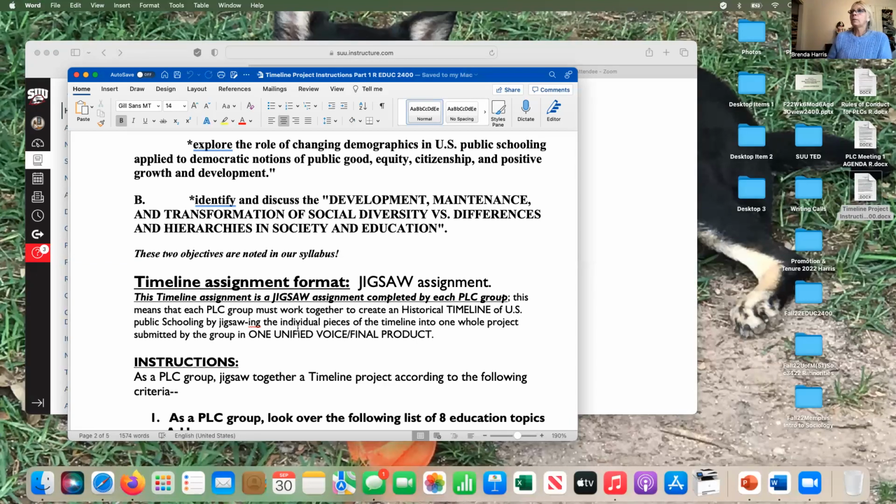Okay, so each PLC group will work together to create their own historical timeline of US public schooling by jigsawing individual pieces of the timeline into one whole puzzle, or one unified timeline project. So you're each going to be doing different pieces, but then you're going to bring the puzzle pieces together to create one timeline.